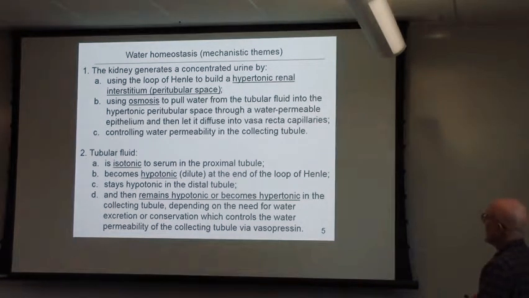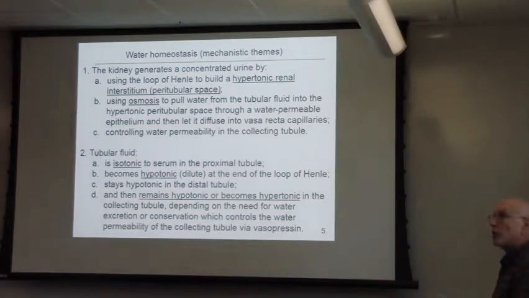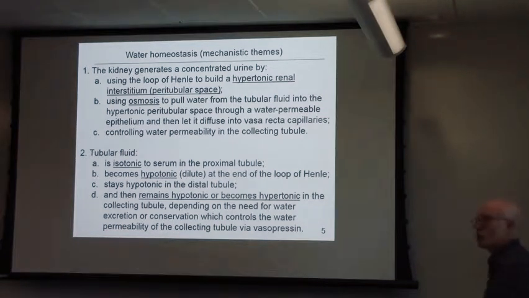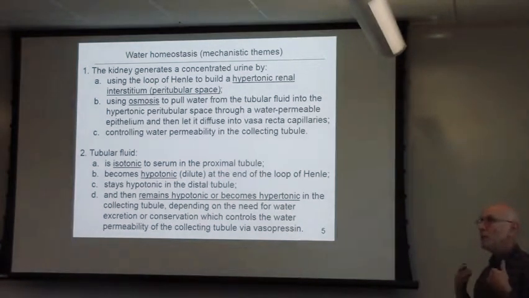The kidney generates a concentrated urine as needed if a person is relatively dehydrated and wants to conserve water, by using the loop of Henle to build a hypertonic renal interstitium, a hypertonic peritubular space.